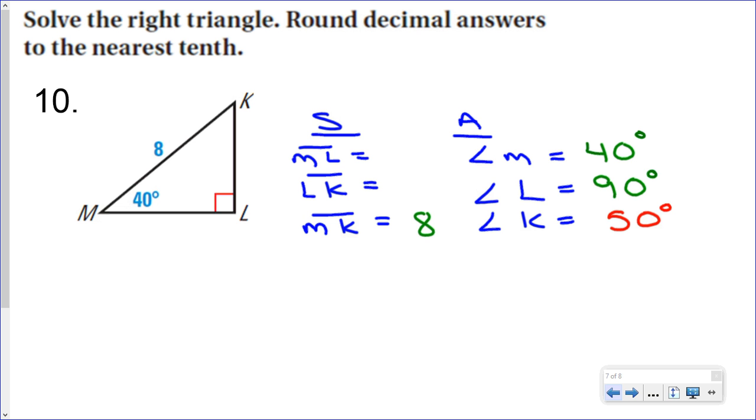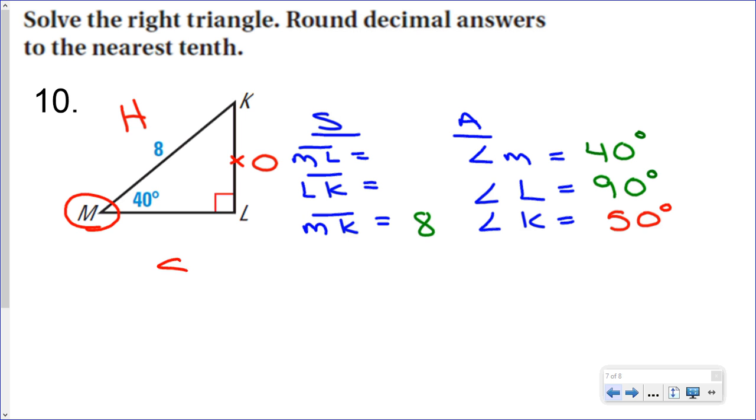Now we move over to the sides. If you start from an angle, like M, which we know is 40 degrees, we're going to use a trig function, but first we have to point out what we know. We know the hypotenuse is 8, so we'll label that as the hypotenuse. Let's solve for LK, and LK is currently the opposite. If you want to throw the letter X in there, you could. The trig function that deals with opposite and hypotenuse is sine.